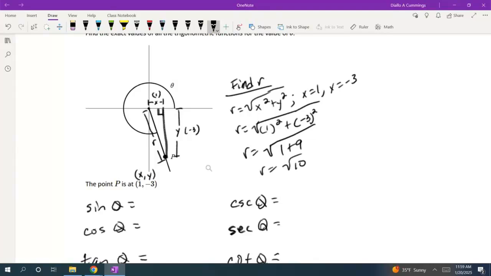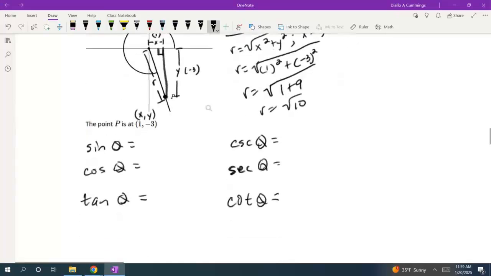So now we have everything we need. We know that x is 1, y is equal to negative 3, and r is equal to the square root of 10. So I'm just going to put all of these 3 things together and find the trig values.